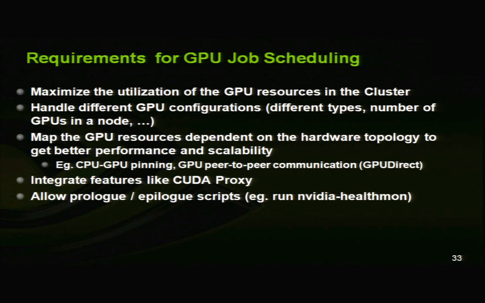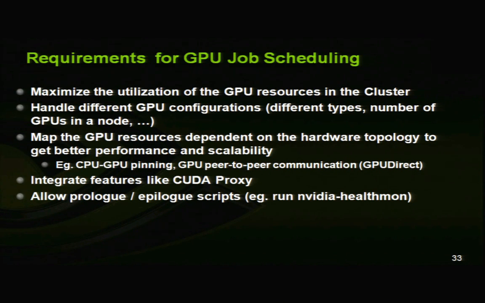What are the requirements for GPU scheduling? Of course, maximizing the utilization of the GPU resources in the cluster. Another requirement is the handling of different GPU configurations, so different types of GPUs and different numbers of GPUs in a node.